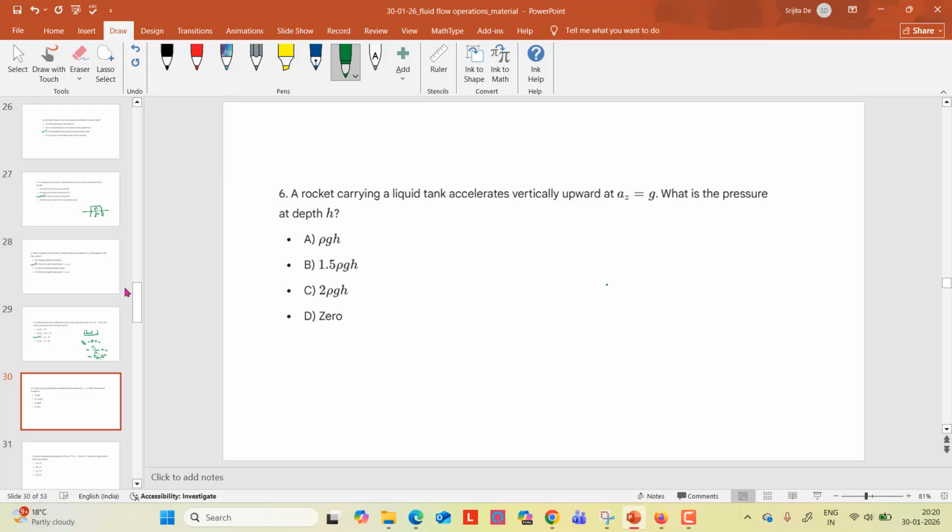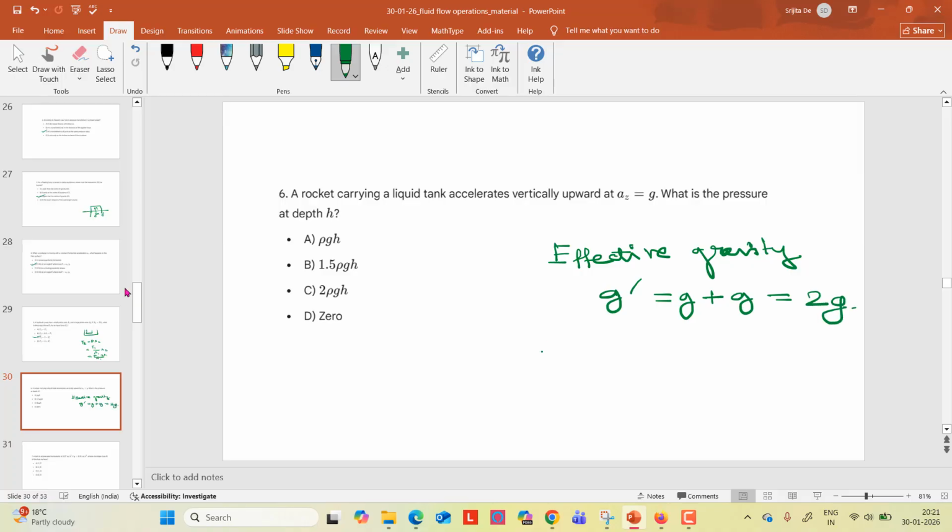So now the effective gravity will become g plus g equals 2g, and then the pressure will be 2 into rho g h. That is option C.